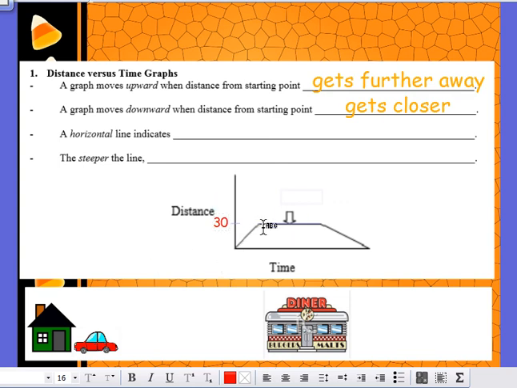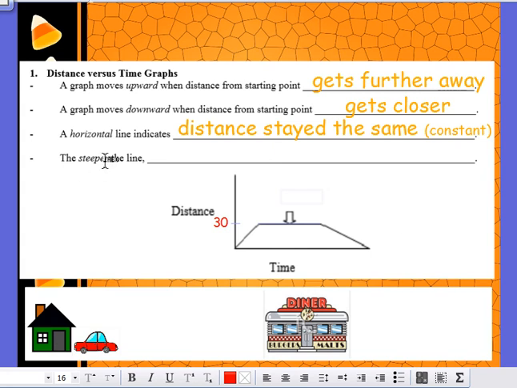As time is going on here, the distance is staying at 30 miles, which would mean that the distance is staying the same. This year we're going to use the word constant. So this might mean if you're driving a car that the car stopped, or wherever you are, you're no longer moving away from your original starting point.